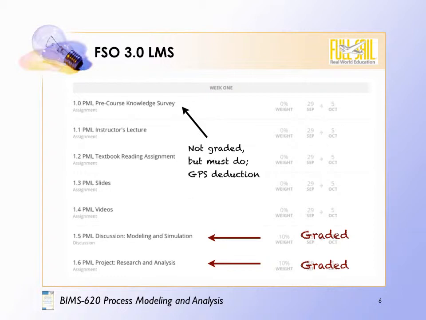So we're going to talk about week 1 activities. You have 6 activities. Only 2 of them are graded, 1.5 discussion and 1.6 project. And we are going to talk about all these items.